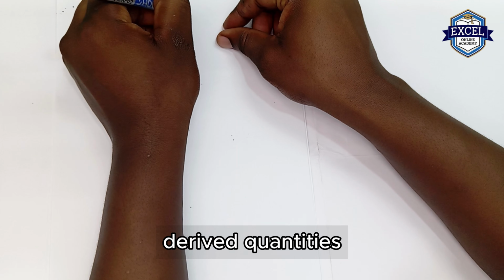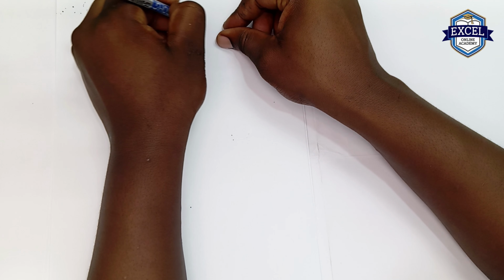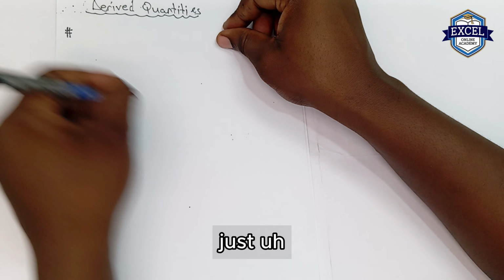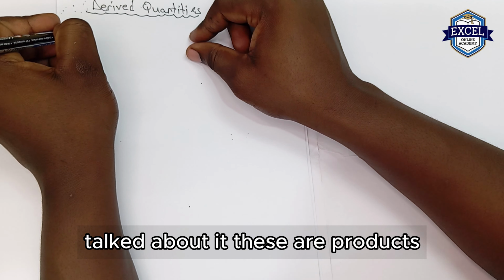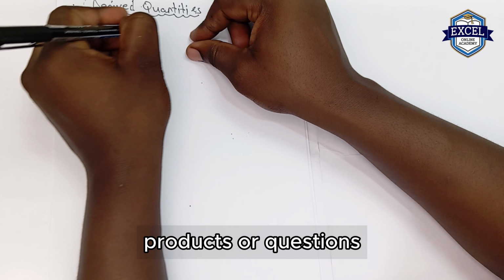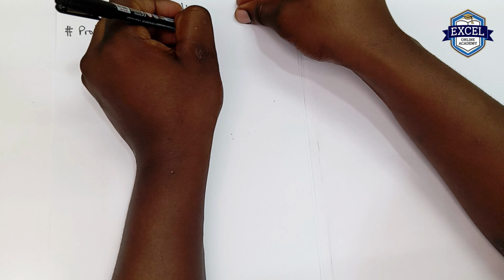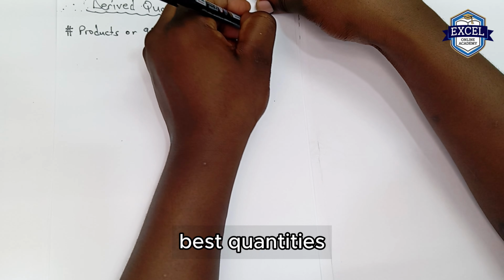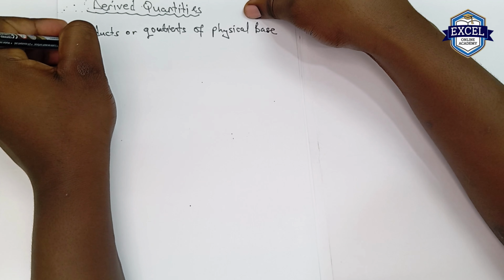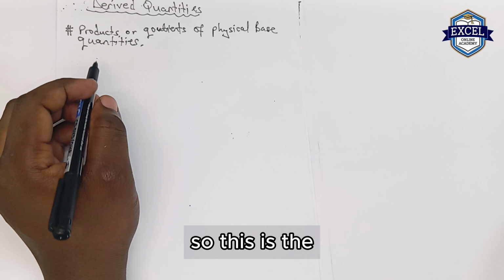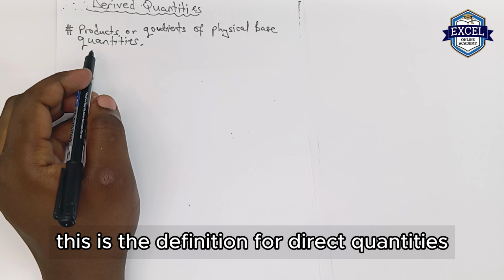The definition we have just talked about: these are products or quotients of physical base quantities. So this is the definition for derived quantities.